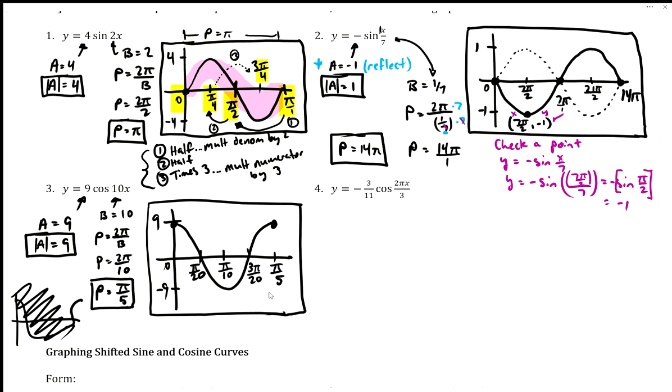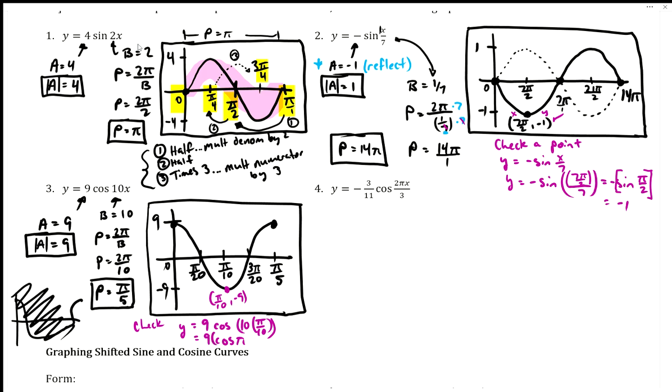And we could double check. If I plug in a point, so for instance, right here, I've got the point pi tenths and negative 9. So if I plug x equals pi tenths into my equation, which is 10 times pi tenths, notice the tens would cancel, and I would have 9 cosine of pi.